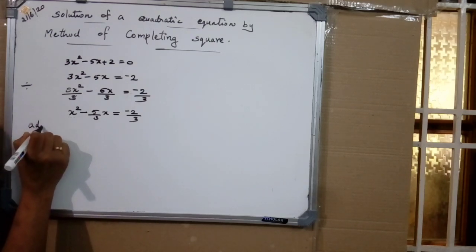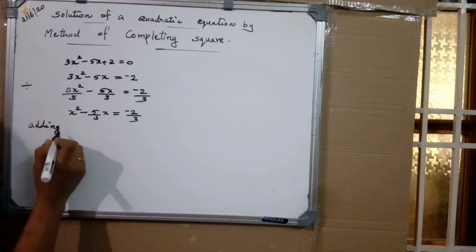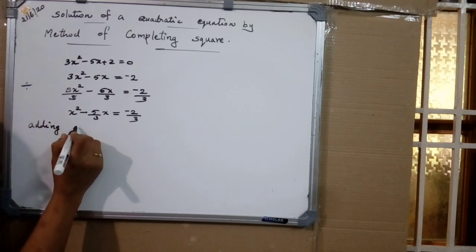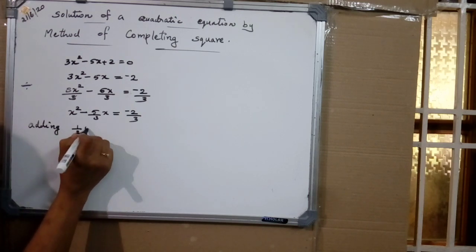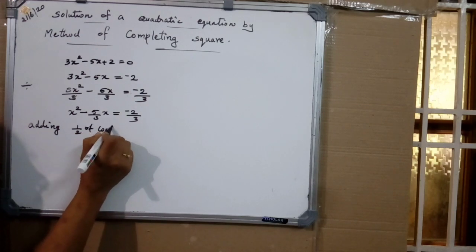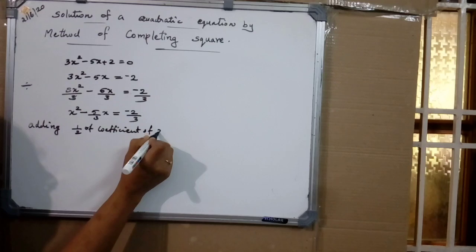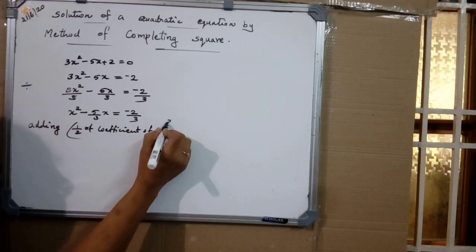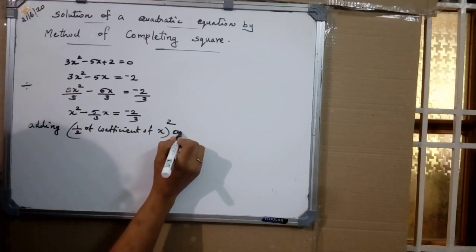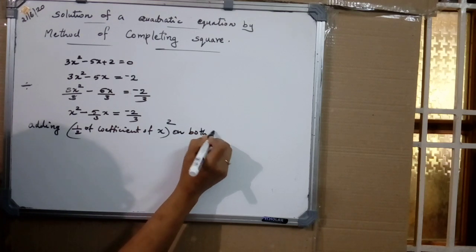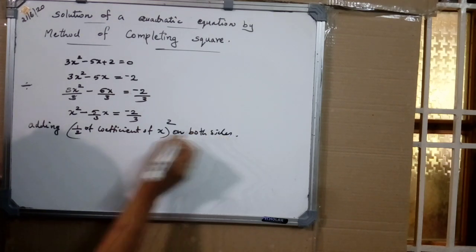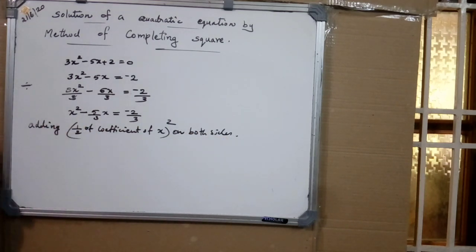Then the next step, this is a very important step, is adding half of the coefficient of x, the whole square, on both sides. Adding half of the coefficient of x whole square.